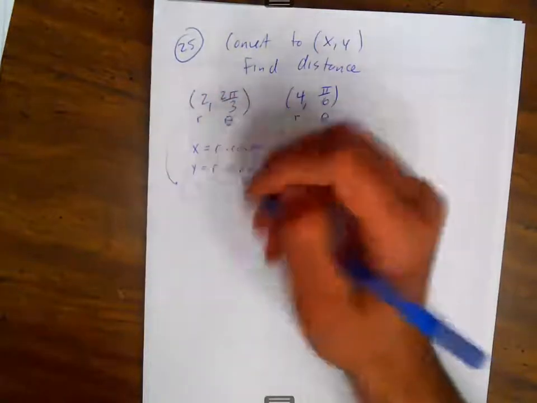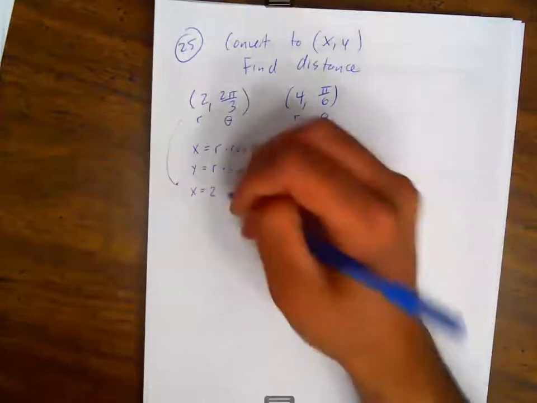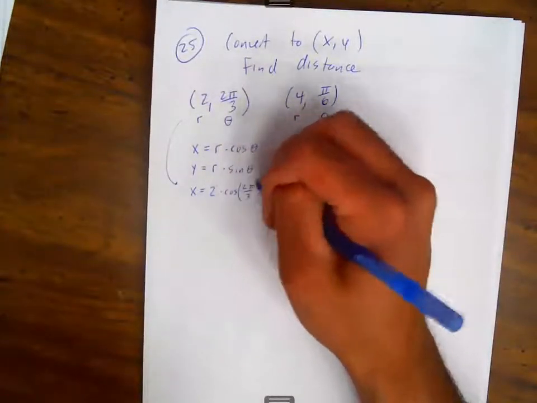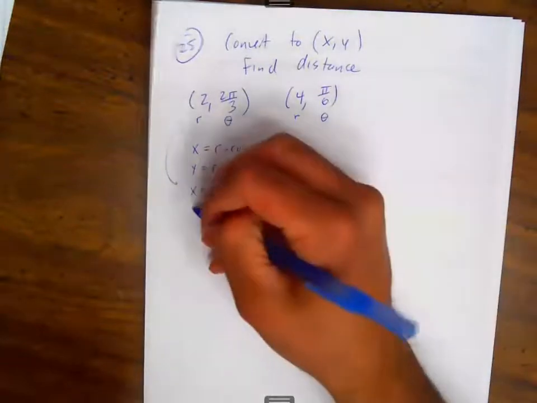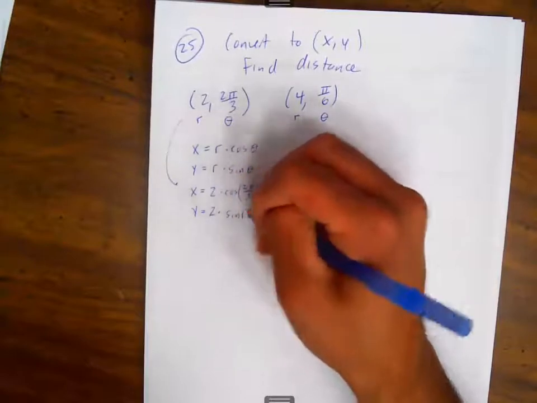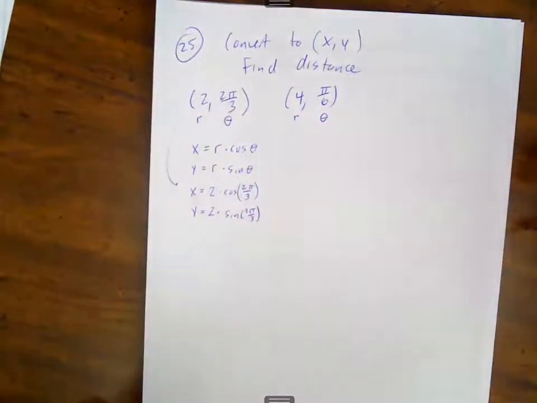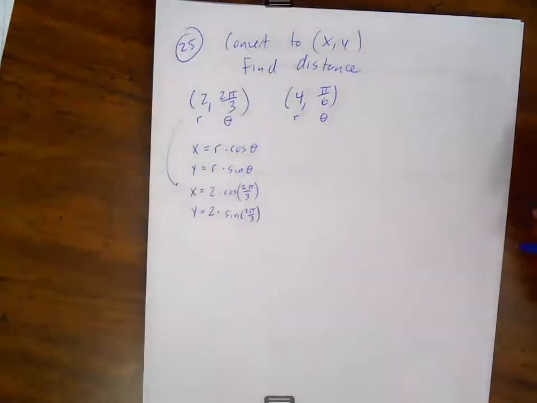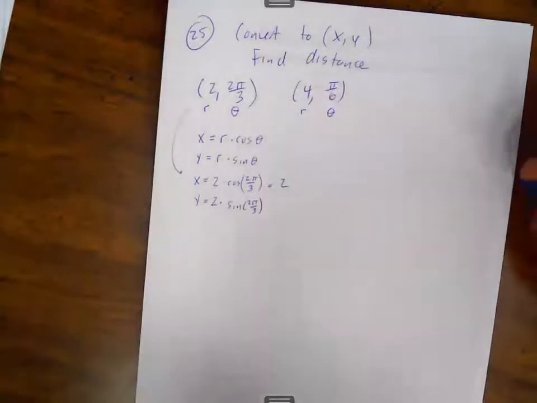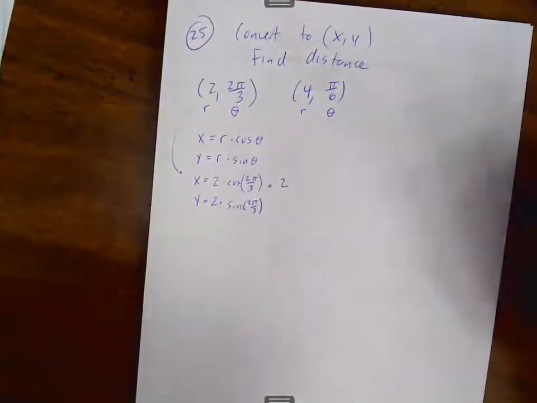So this point will be x is equal to 2 times the cosine of 2π/3, and y is equal to 2 times the sine of 2π/3. Looking back at our unit circle, we recall that the cosine of 2π/3 has a reference angle of 60 in quadrant 2.